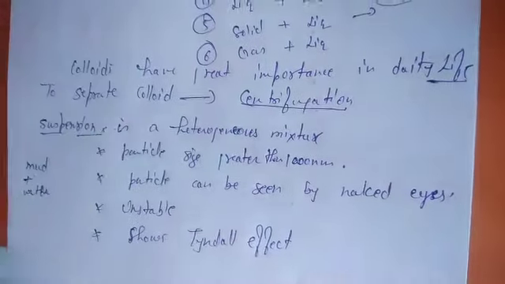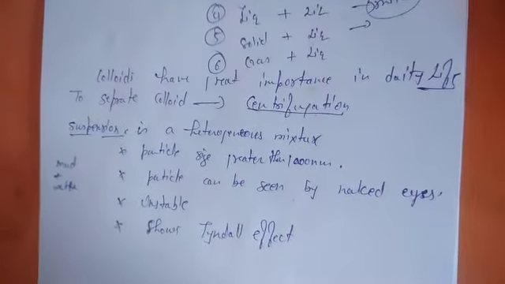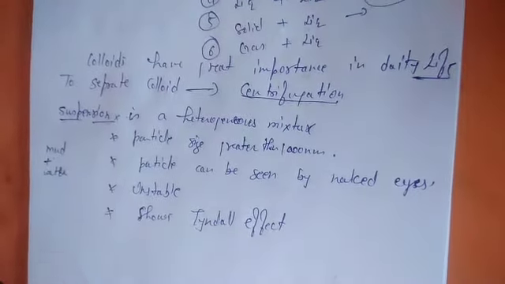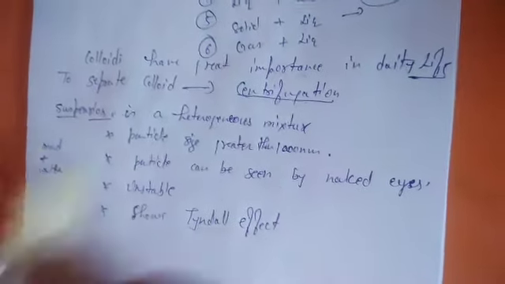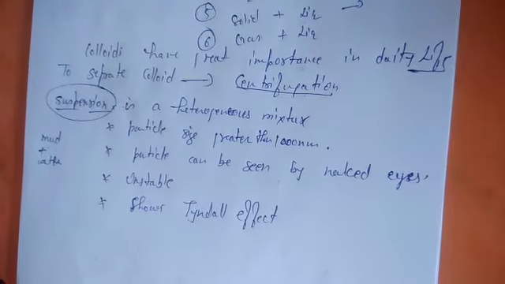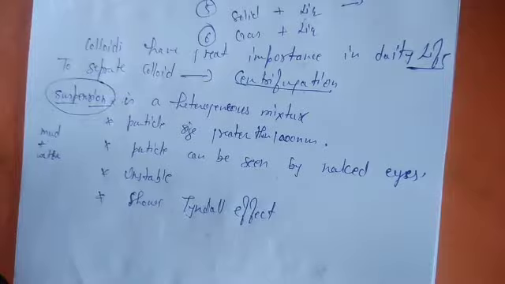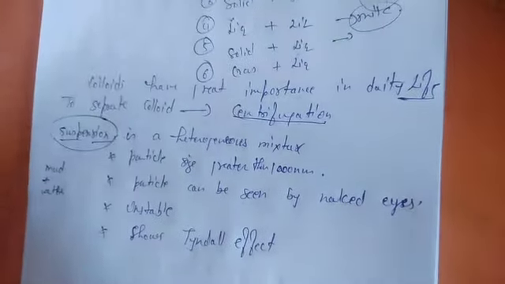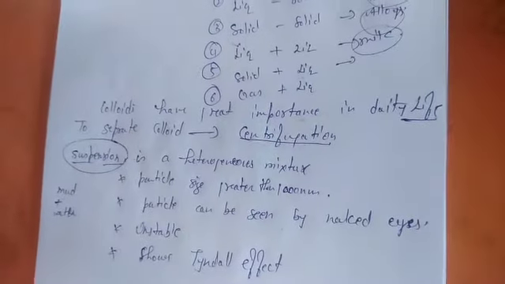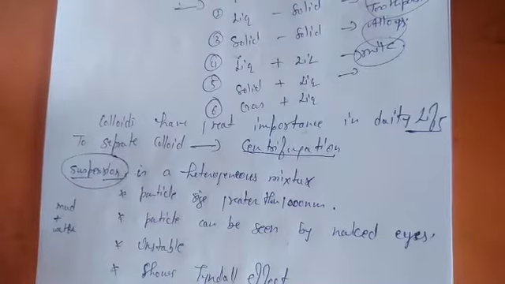Today we studied the properties of colloids and suspensions. In the first lecture I also told you the difference between suspension, colloids and true solution. First we got to know that matter around us is not pure but a mixture, and then we found that mixtures are of different kinds on the basis of nature or particle size: solution, suspension and colloids.